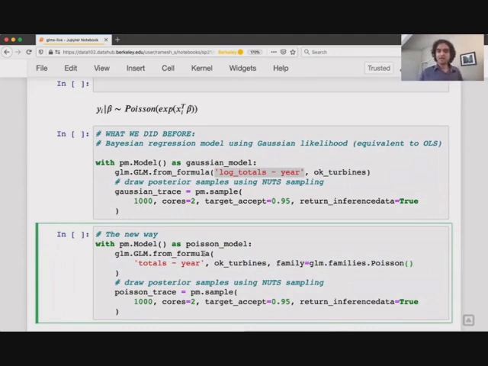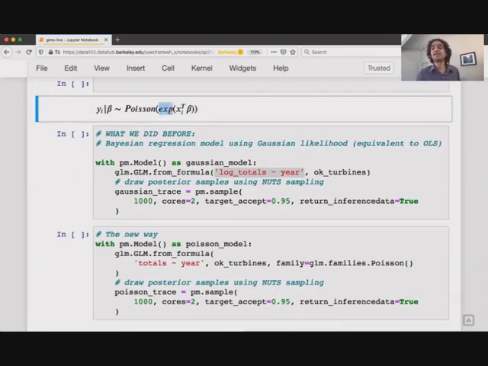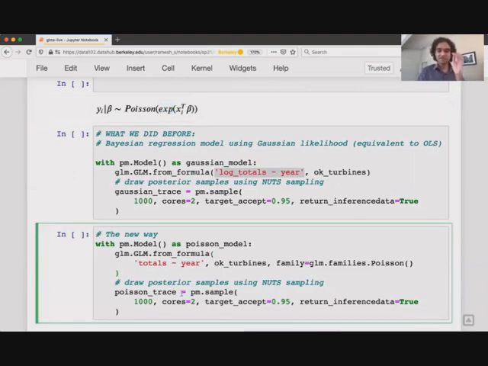And PyMC3 knows that if I'm going to use a Poisson likelihood, then the thing I'm passing in has to be positive. And so it just knows that it better also do the exponential of this. I don't actually have to tell it. It just defaults to that. I could change it if I wanted to, I guess, but it defaults to that. And then the trace is pretty much the same as it was before.